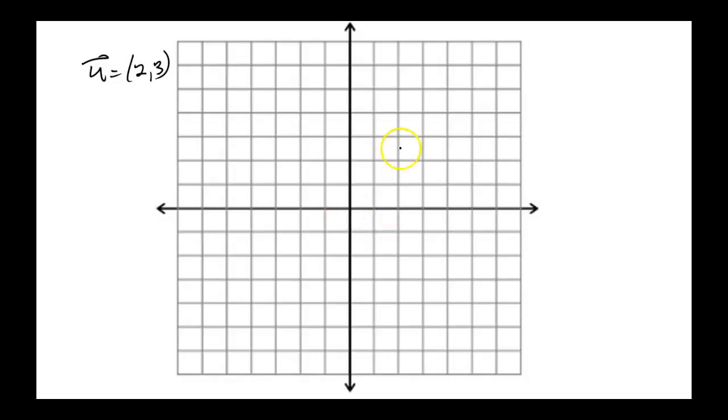From the origin to 2, 3: right 2, up 3, and that's your directed line segment to the point 2, 3. This represents vector u, which is (2, 3). Okay, all right.